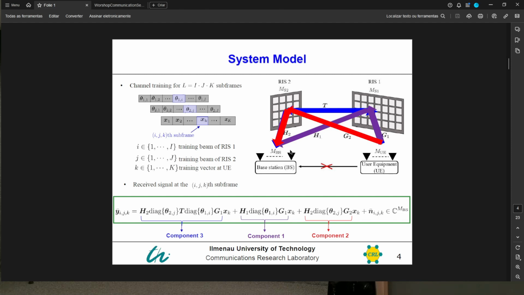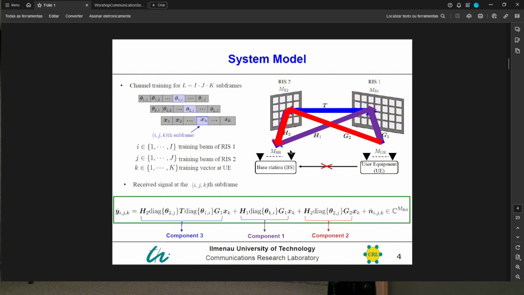Now the received signal at the IJK subframe is given by this, where we see that it contains three components. Component 1 has this single reflection link, as I explained before, from G1 to RIS 1 and then to the base station.